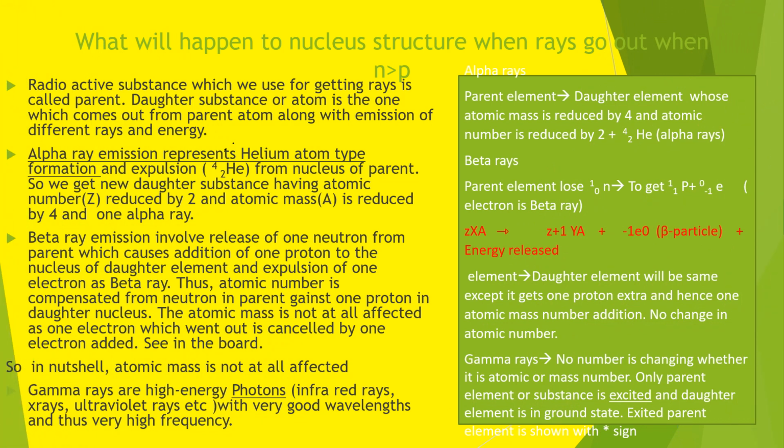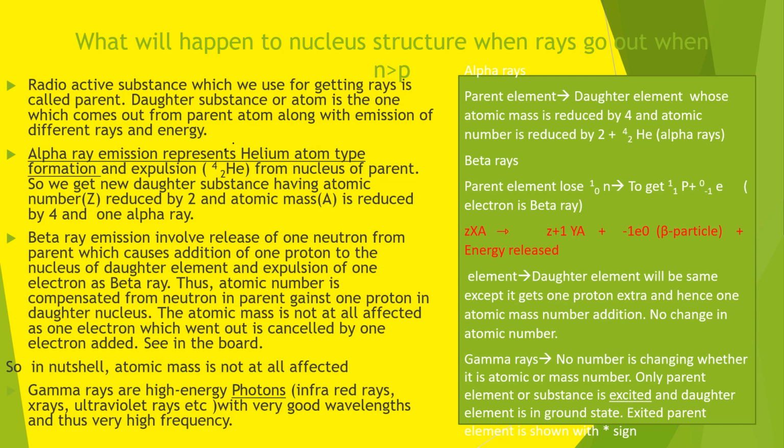What will happen to the nuclear structure when rays go out, when neutrons are more than protons in the nucleus? The radioactive substance which we use for getting the ray is called the parent. The daughter atom is the one which comes out from the parent atom along with the emission of different rays and also energy.